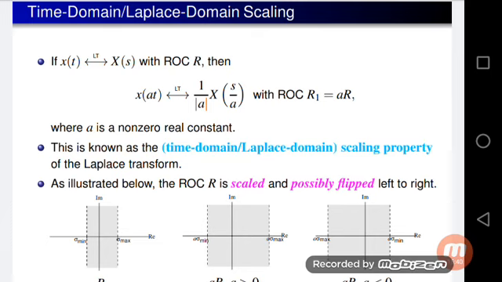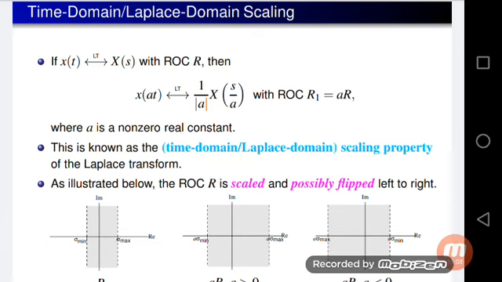Why? Because we are interchanging t to at and s to s by a, into 1 by mod a, where a is a non-zero real constant. This is known as the time domain or Laplace domain scaling property of the Laplace transform.